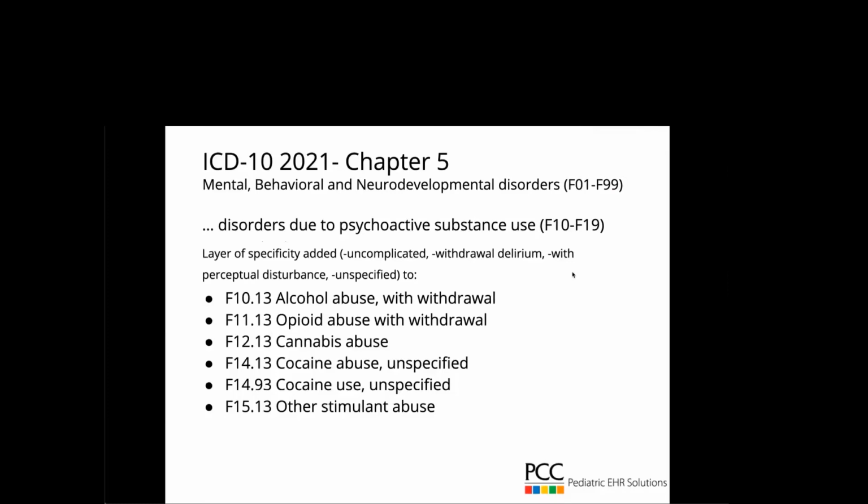Each one of these 6 codes, the F10, F11, F12, all are broken out with different varieties of those 4 layers of specificity or those additional factors. So if you've got clinicians that include in their record that delirium or perceptual disturbance are part of what the patient presents with or has experienced, then you do have options for those. That greater specificity is now available, or will be for services October 1 and beyond.